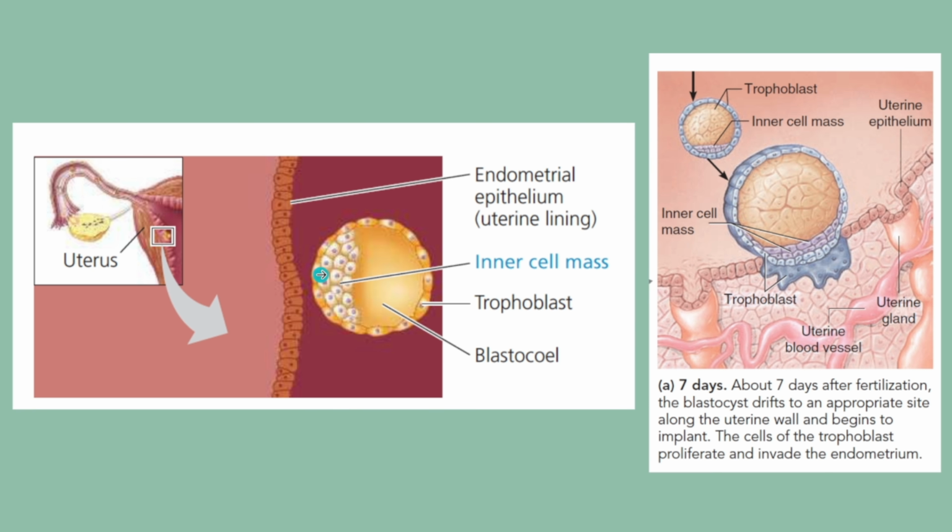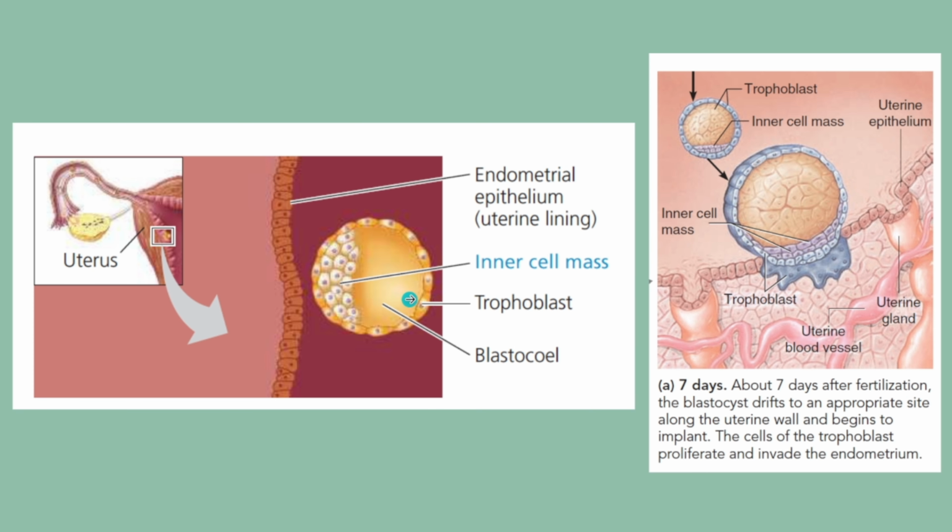Once they complete the cleavage process along the fallopian tube, when they reach the uterus, they will undergo implantation. So how does implantation start?